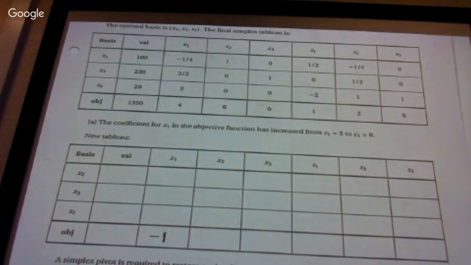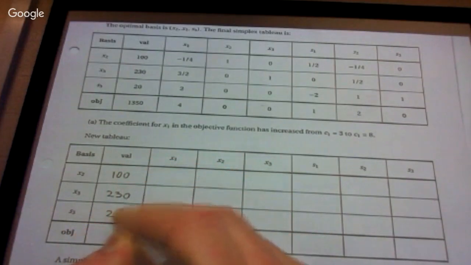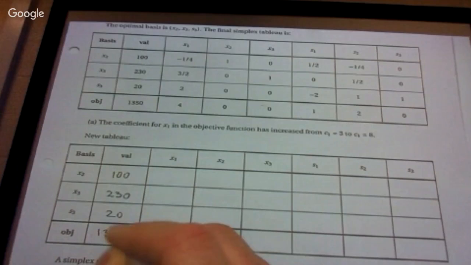This is because x1 is not in the basis, so that's really simple. There's only one thing that changes in the whole tableau. So everything else stays the same. I'm not going to copy everything, but we might need some of these things.